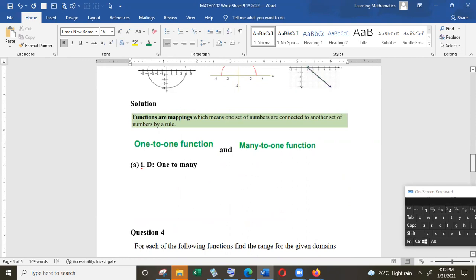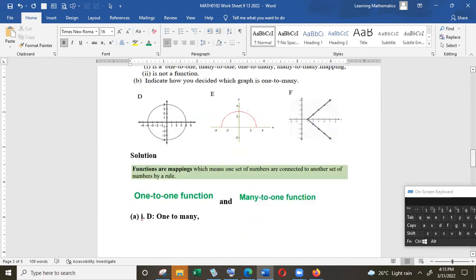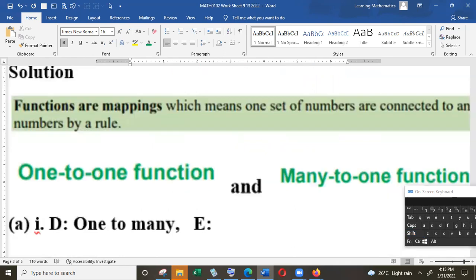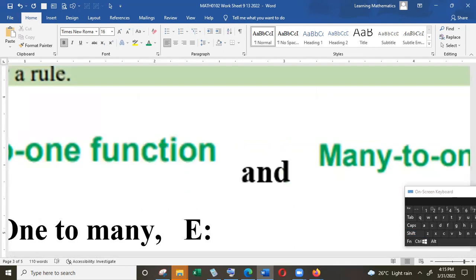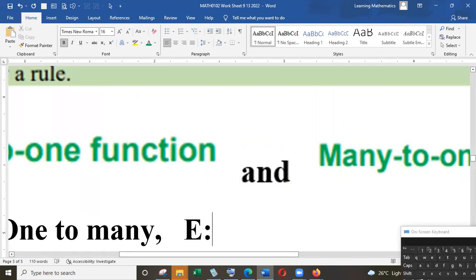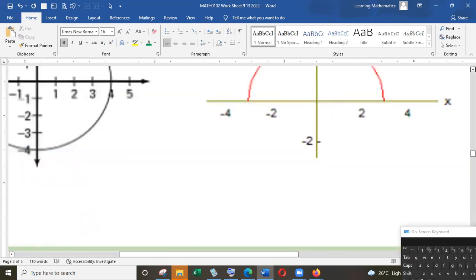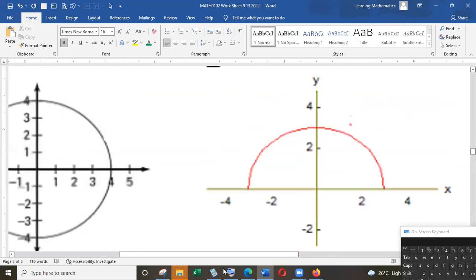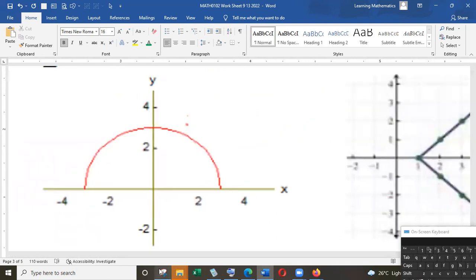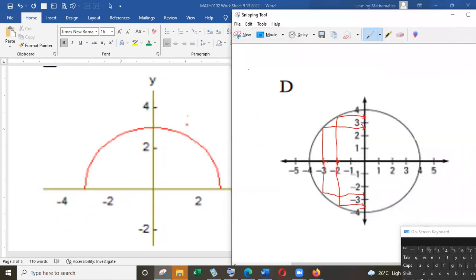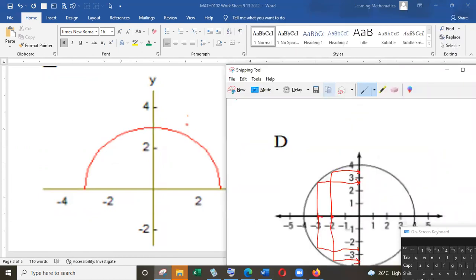Let's analyze E. Here is E. Let's see what's going on with E.